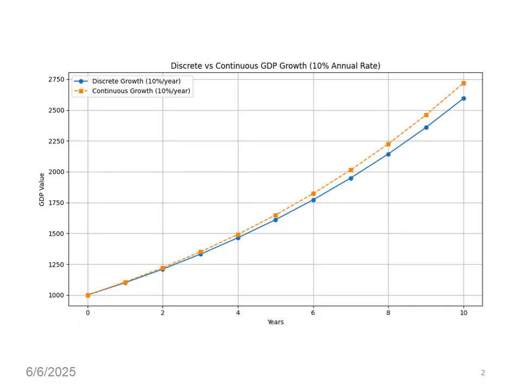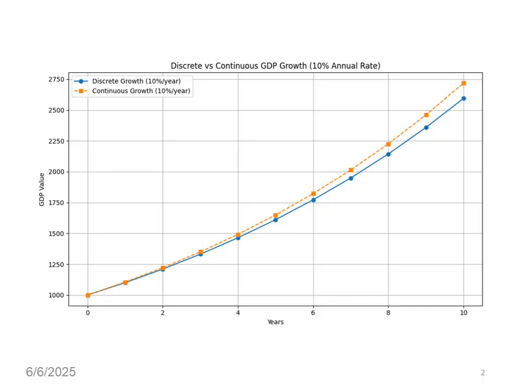That's why on this graph, GDP growth calculated using continuous, shown by the yellow line, is greater than that of the blue line.